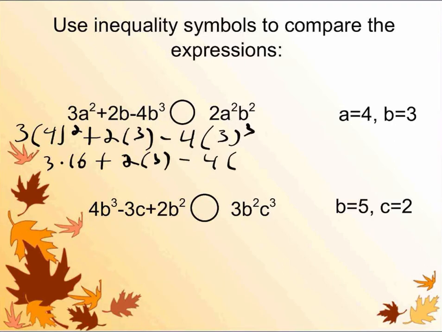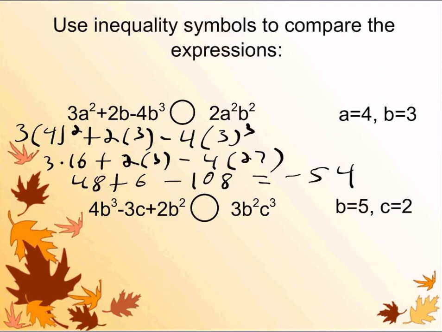Now let's multiply. You get 48 plus 6 minus 27 times 4. 4 times 25 would be 100, and then we have 4 times 2 extra, so it should be minus 108. So 54 minus 108 should give us negative 54 on the left side.